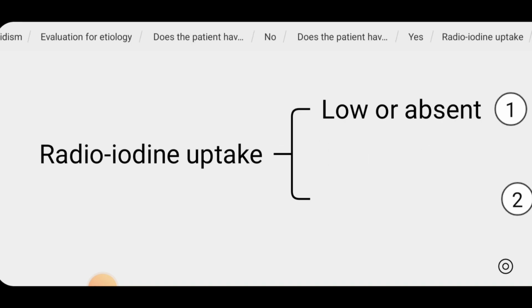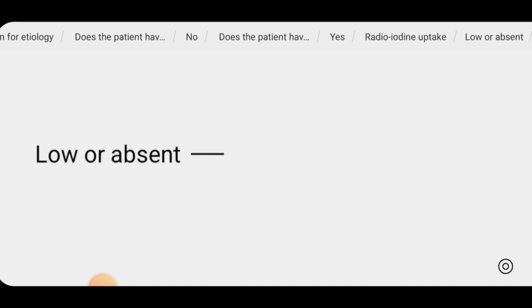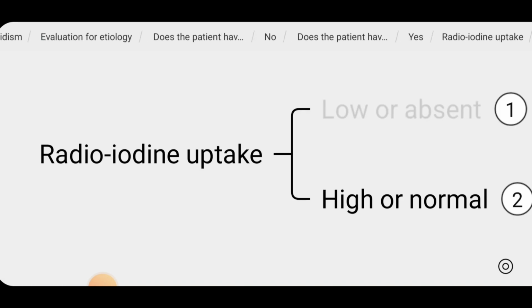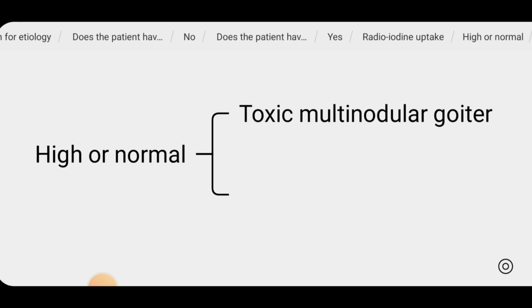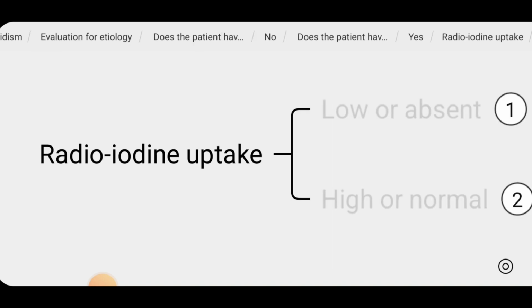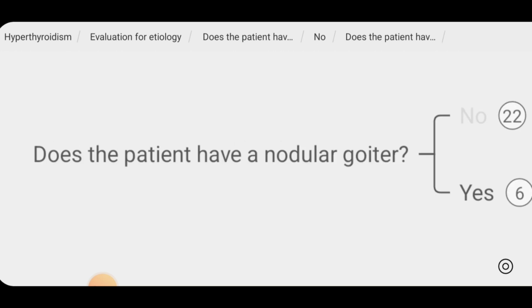If the uptake is low or absent, then the diagnosis may be iodine-induced thyroiditis, which is a rare condition, occurs after a large dose of iodine. If the uptake is high or normal, then it may be toxic multinodular goiter, and also it may be a toxic adenoma. Like that, we can evaluate patients with hyperthyroidism.